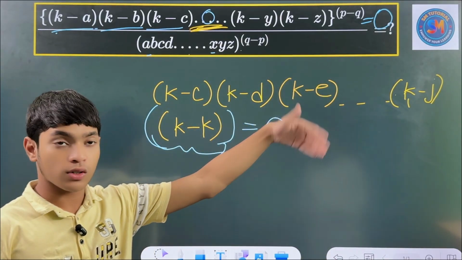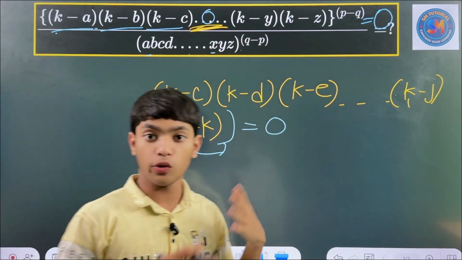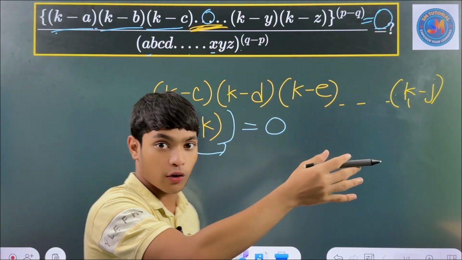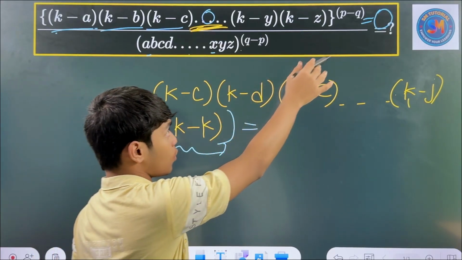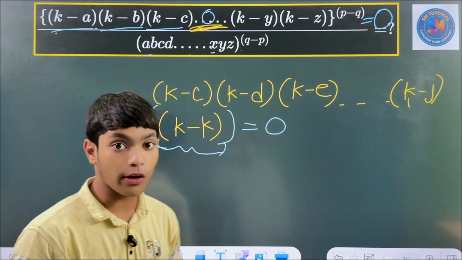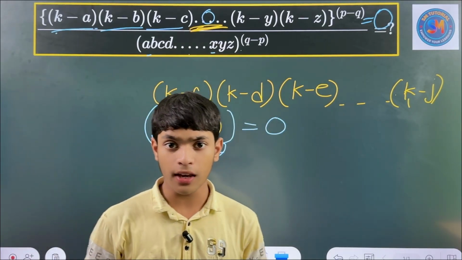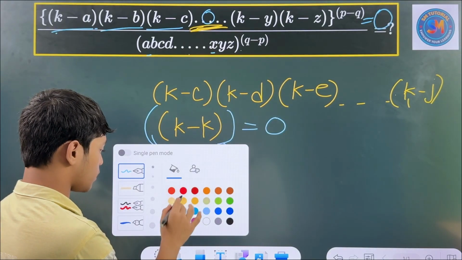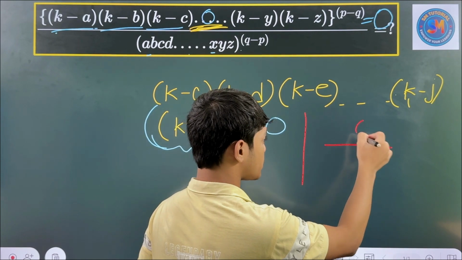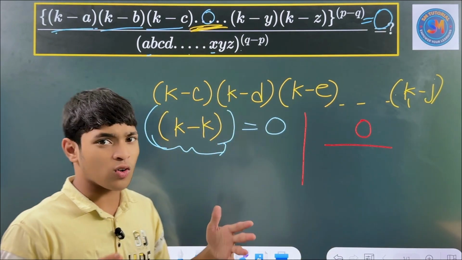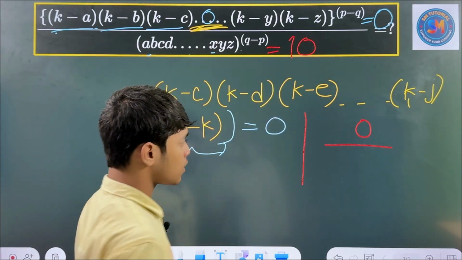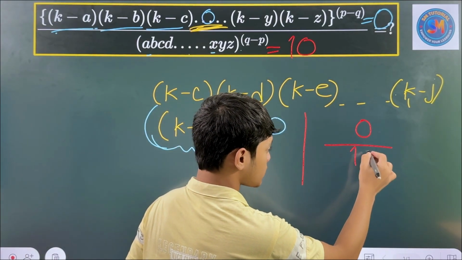So the numerator is 0. This is called the numerator and this is called the denominator. Do we need to know the value of the denominator? No. Just as an example, suppose the denominator is 10.